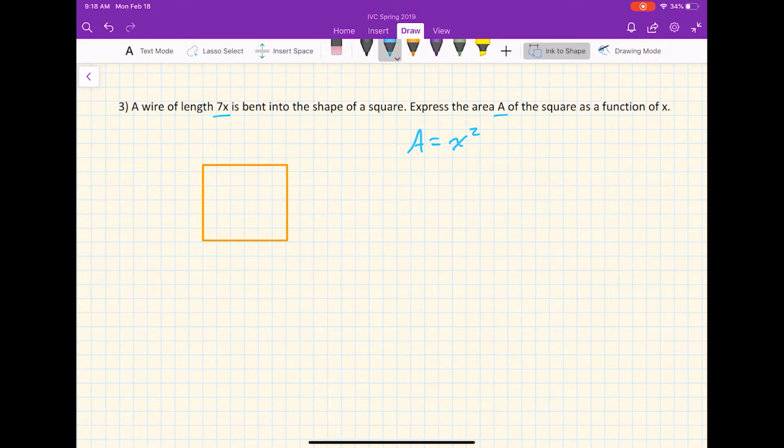And the wire is 7x, but it's broken up into 4 equal parts. So we put 7x here, and since we have 4 sides, we put 4 under here. So 7x over 4 is how long each side is going to be. Now we'll plug in the 7x over 4 into our equation.